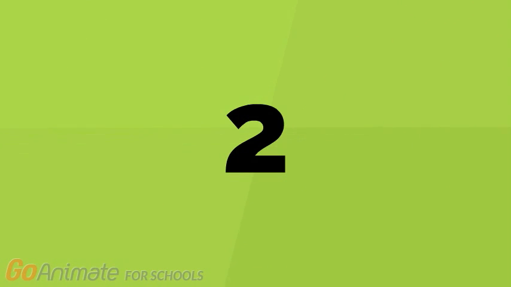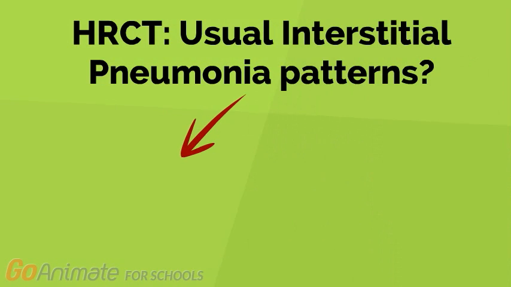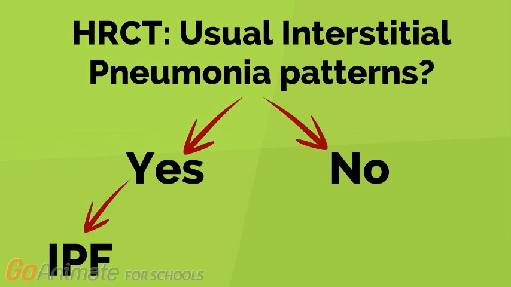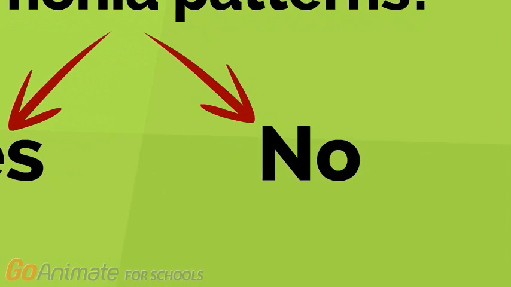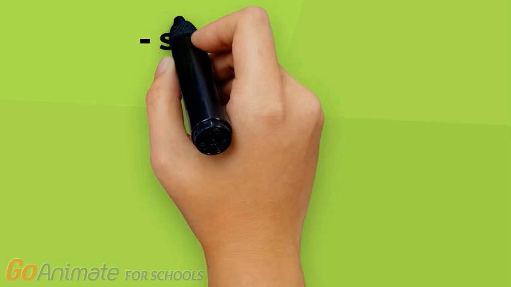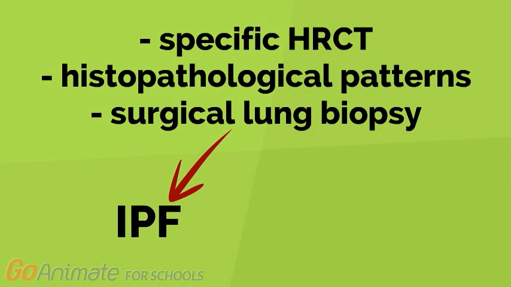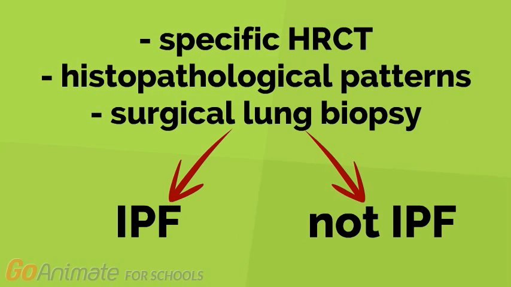Step 2. In the absence of ILD, an HRCT should be administered where any usual interstitial pneumonia patterns are diagnostic of IPF. Step 3. In the absence of a pneumonia pattern in the HRCT, a combination of specific HRCT, histopathological patterns, and lung biopsies can be used.